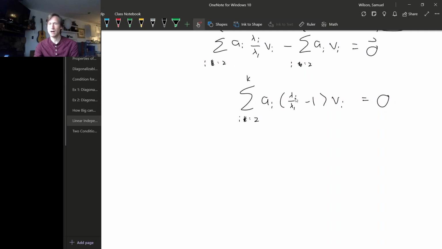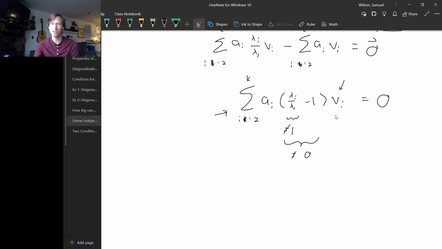Now the thing is, lambda i over lambda 1, right, all of the lambdas are distinct. So lambda i over lambda 1 is not 1, because lambda i and lambda 1 are different. And that means that lambda i over lambda 1 minus 1 is not 0. Okay? So what we have here is a linear combination of the v's, except for v1.